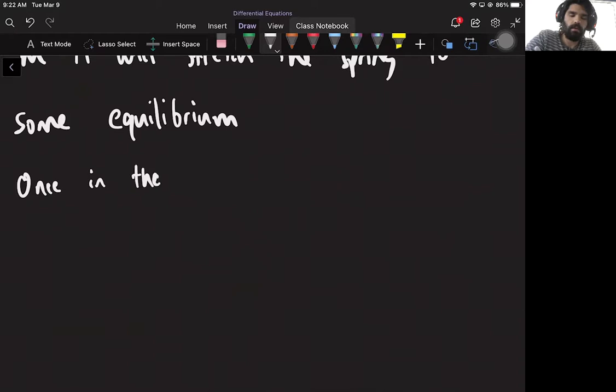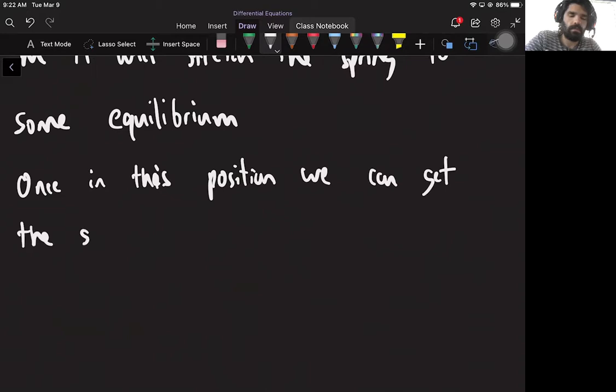then the party begins. Once in this position, you can get the mass, or you could think of it as the mass on the spring, in motion by doing what?